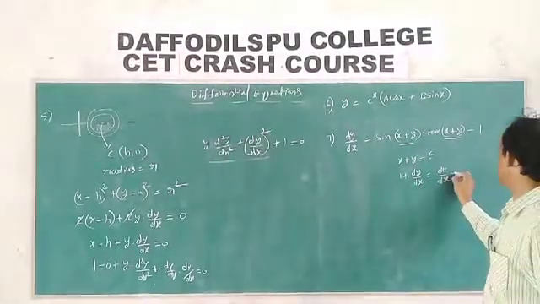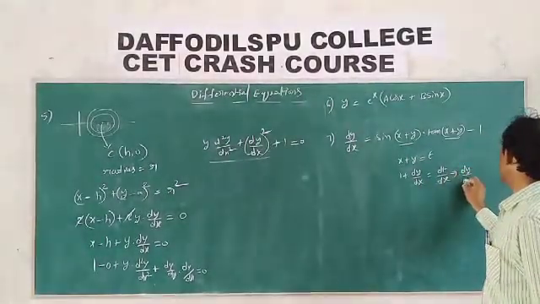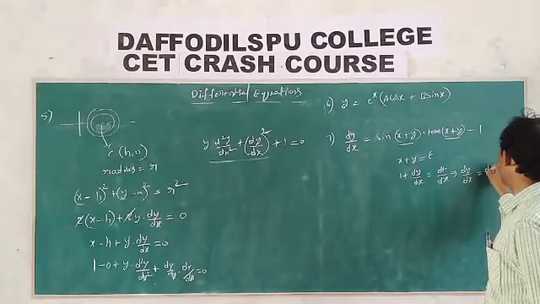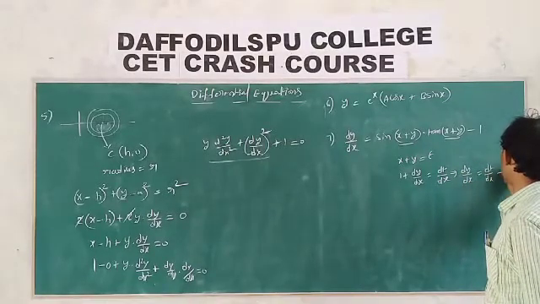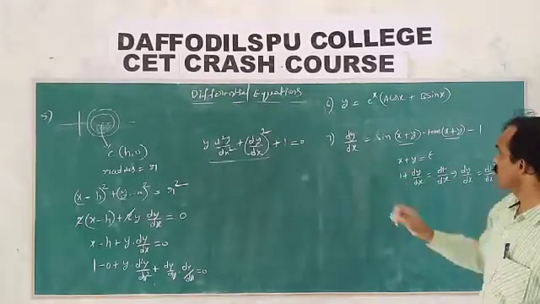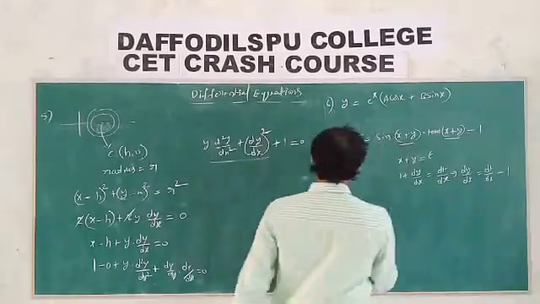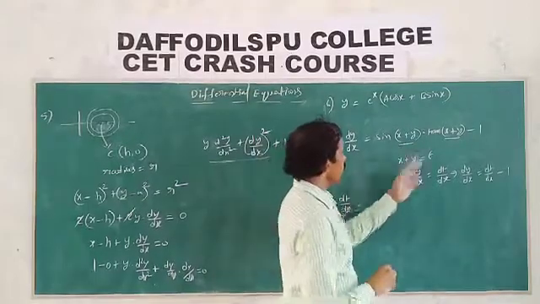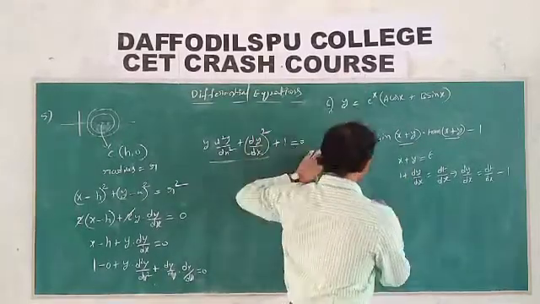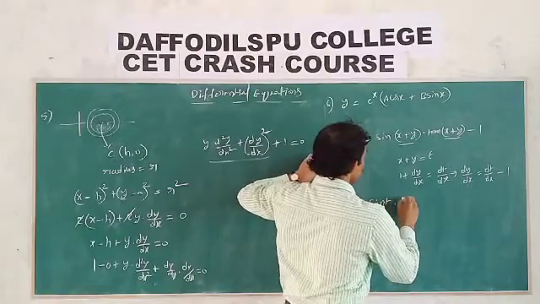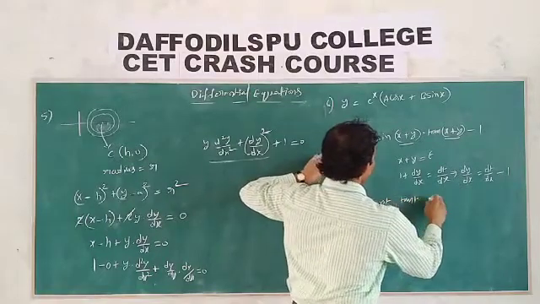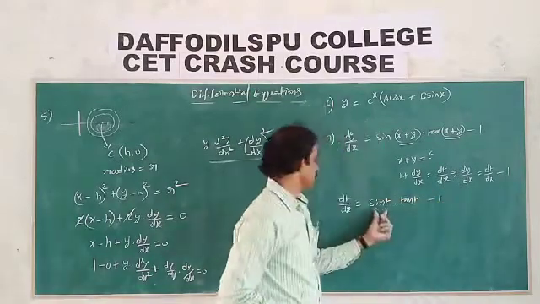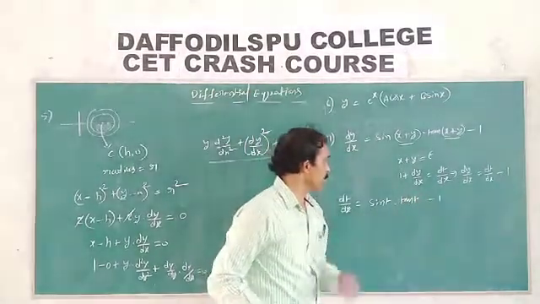So dy by dx is equal to dt by dx minus 1. So in place of dy by dx, substitute dt by dx minus 1. Sin of x plus y means sin t, tan t minus 1. Sin t tan t minus 1. Right.